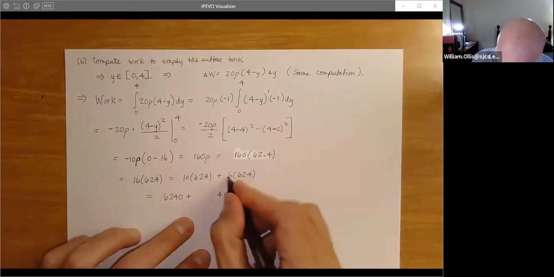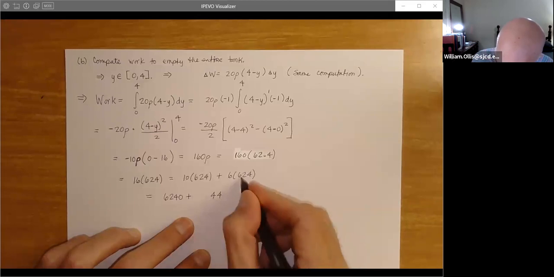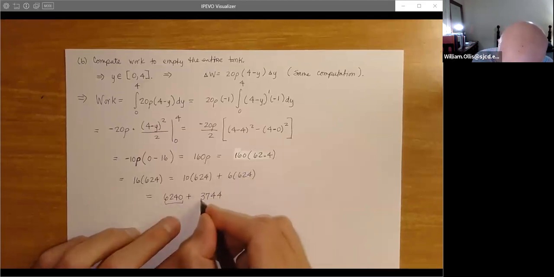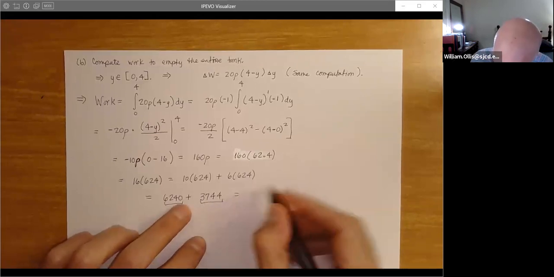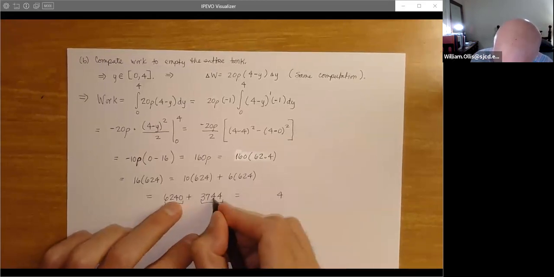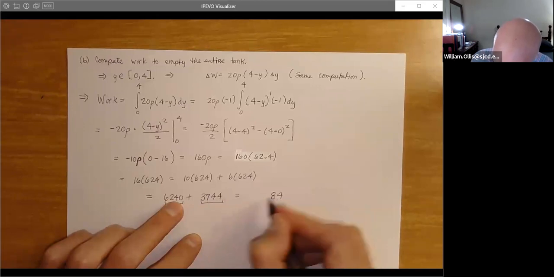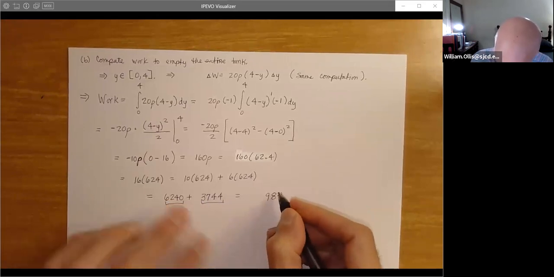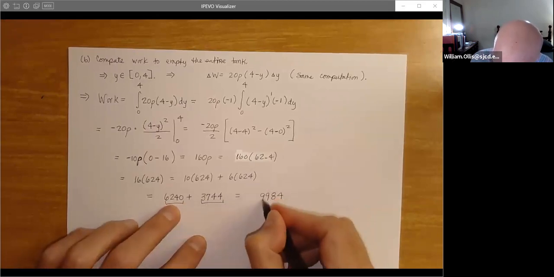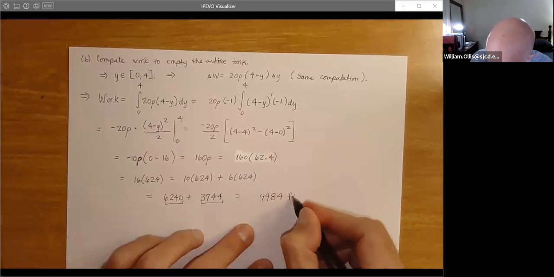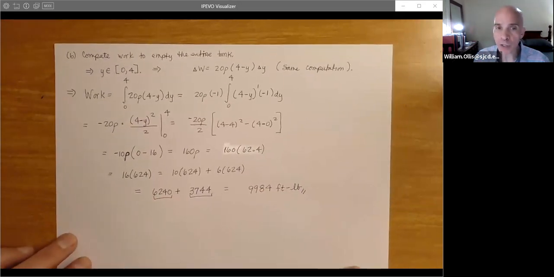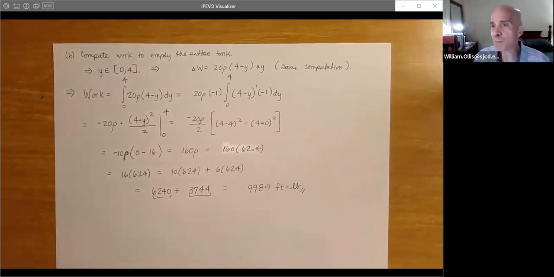That gives us a 24 with a 2. So that's a 14 and a 1. So we get 37. Now, of course, these are all 4 digits. So we have a 4, and then a 4 and a 4 gives us an 8, and then a 7 and a 2, a 9, and then a 3 and a 6 give us a 9, and this will be foot-pounds. So 9,984. So there is a big difference, and we expect that.